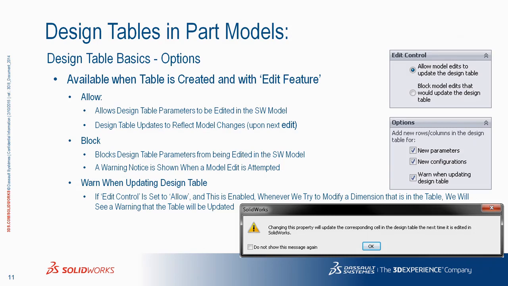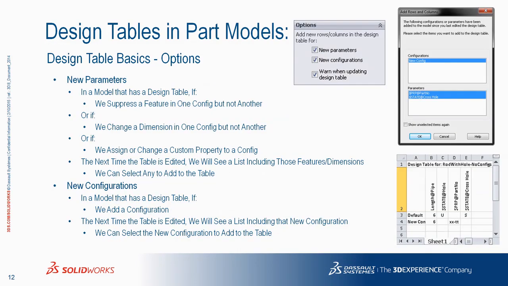So, warn when updating the design table. If edit control is set to allow, we'll see a warning that the table is being updated, and that's what we're talking about there as well. Some of the other options that we have are for new parameters.